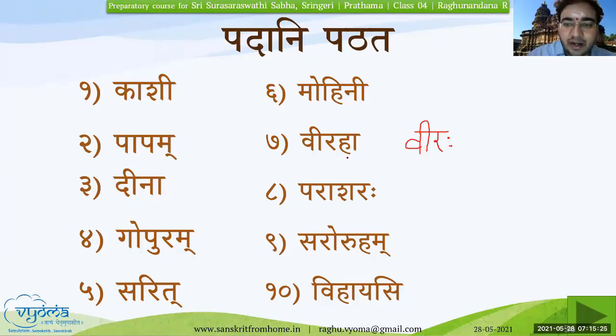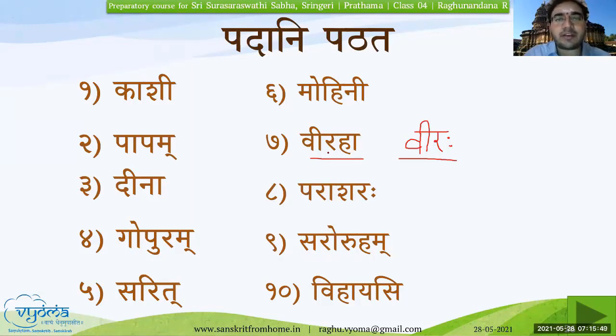So Veerah, the right side one, what I have written, means warrior. But this word, Veeraha, in Sanskritam usually means one who kills him. So one who kills a Veera will be called a Veeraha. Similarly, Vritraha is another word.